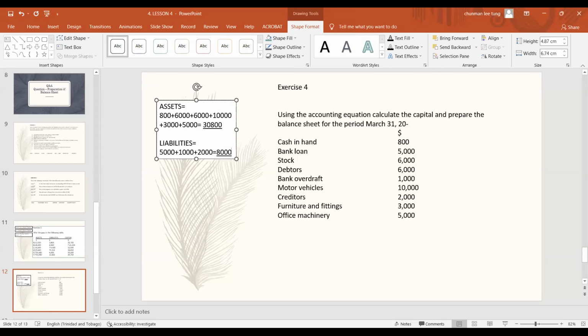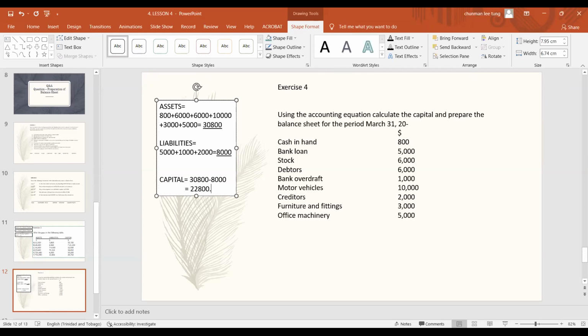And if your equation is assets minus liabilities, which is your 30,800 minus your liabilities, which is $8,000, you're going to get $22,800 as your capital. $22,800 is your capital.